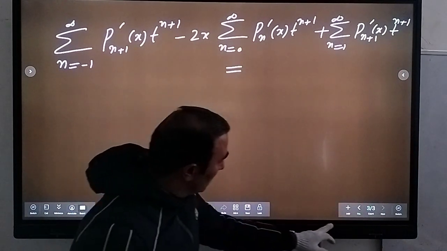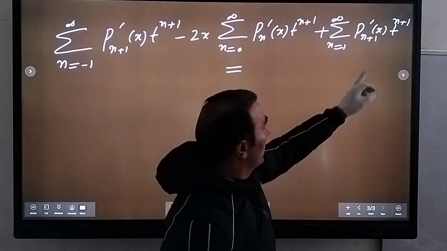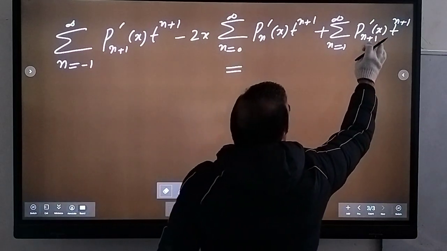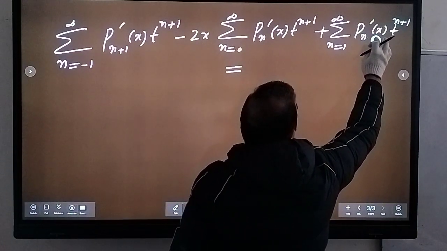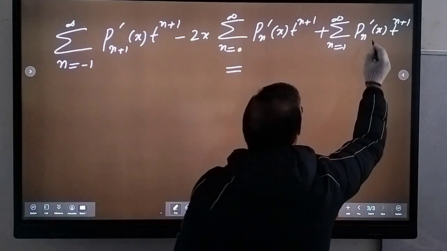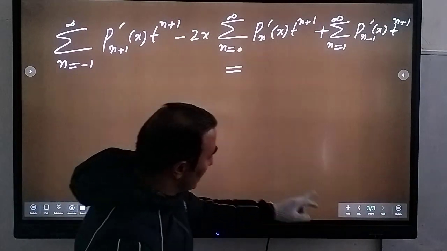Okay, because here what I have shifted, I shift here n to n minus 1. Sorry, this is here minus. Okay, so this is the left hand side.